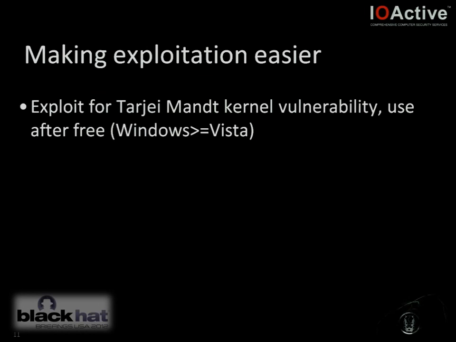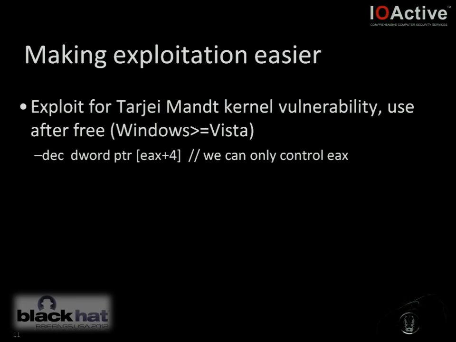I was lucky that Tarjei shared with me a vulnerability he found last year, which was patched by Microsoft. It's a use-after-free kernel vulnerability that was kind of difficult to exploit because you end up in an instruction where you can decrement a position in memory.